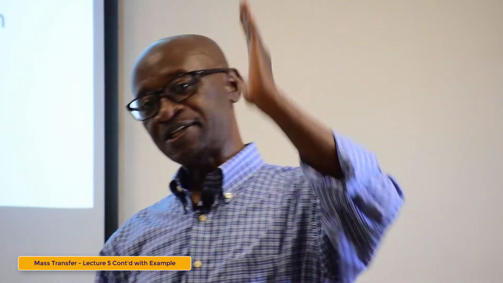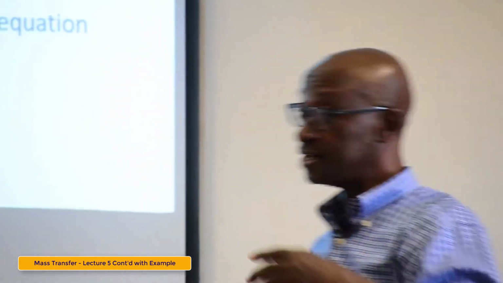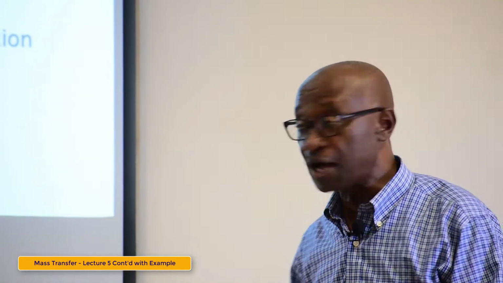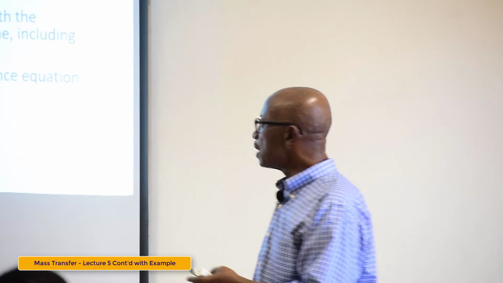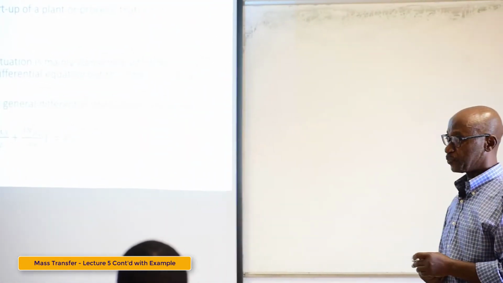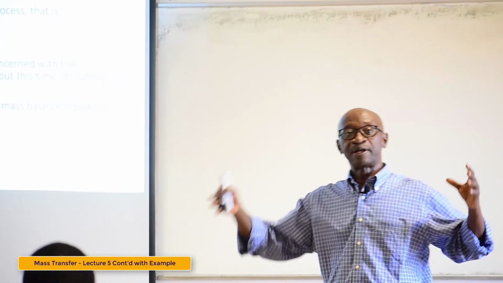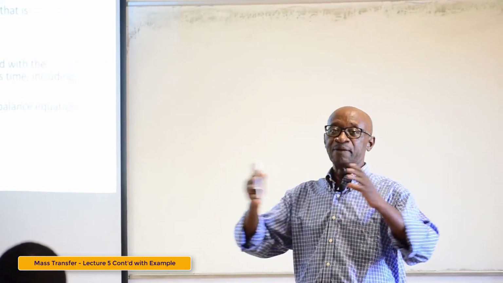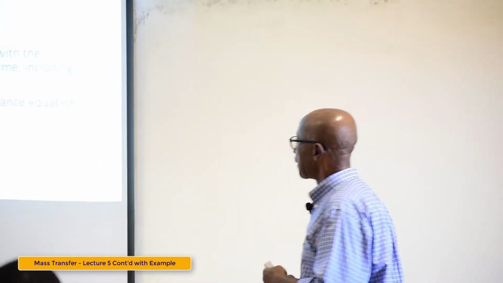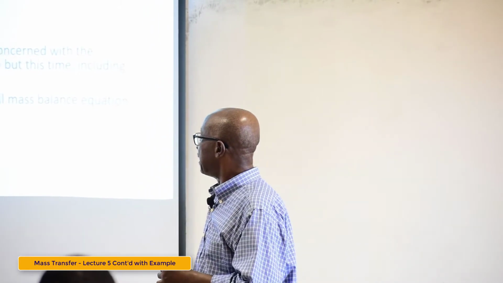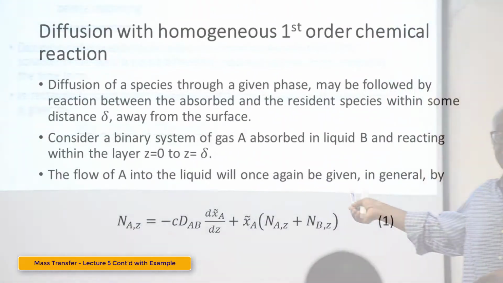You need the x coordinate, the y coordinate, and the z coordinate in the rectangular coordinate system to be able to calculate the flux. And so we did a flux balance, if you like, a mass flux balance, and we came up with this equation.